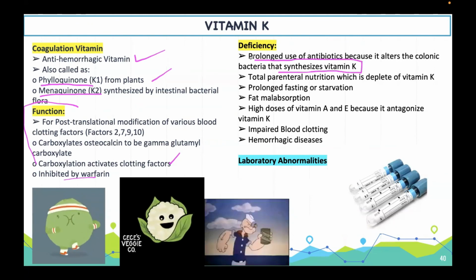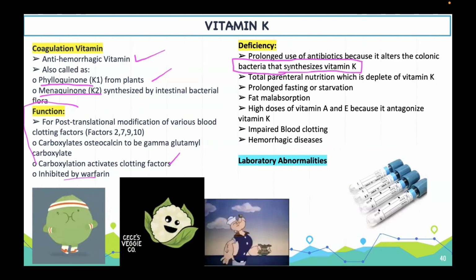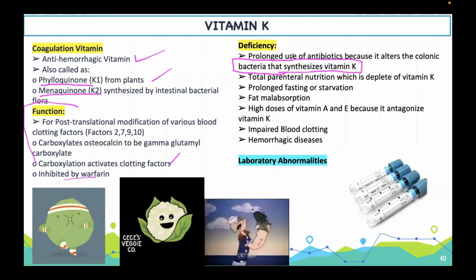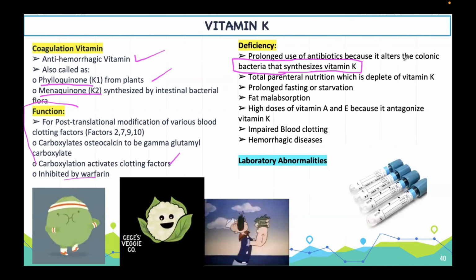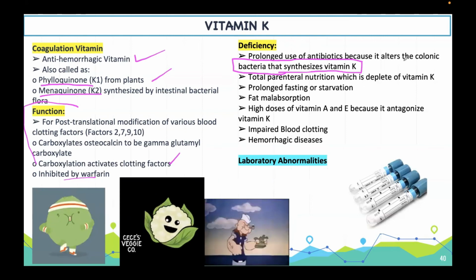Prolonged use of the antibiotics because it alters the colonic bacteria that synthesize the vitamin K. So yung mga patient po natin na mayroong maintenance or matagal na sila sa hospital, most likely they are immunocompromised. Okay? Kasi prolonged use of the antibiotics can lead to inhibition of the synthesis of your vitamin K, kagaya ng mga colonic bacteria natin that help in the synthesis of the vitamin K. So, medyo immunocompromised na po talaga sila.